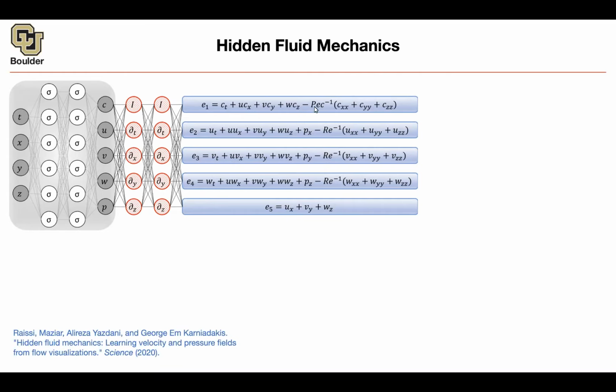And you don't even need to know what the Péclet number is, what the Reynolds number is. These could be two additional parameters on top of the parameters of your neural network that you're learning. E1, E2, E3, E4, E5 are going to end up being physics-informed neural networks. They're going to share the same parameters as this gray box.